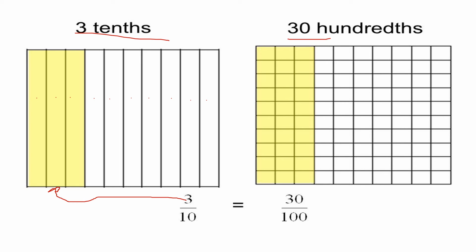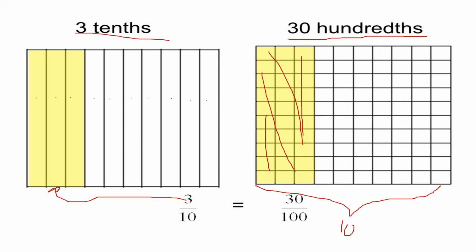Another is we have 30 hundredths, or 30 over 100. So the number of shaded boxes here is 30. And all in all, this is 100 boxes. So it's 30 over 100.